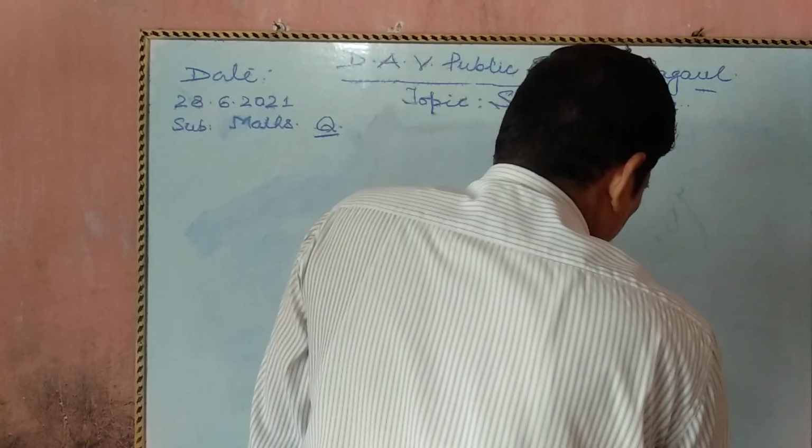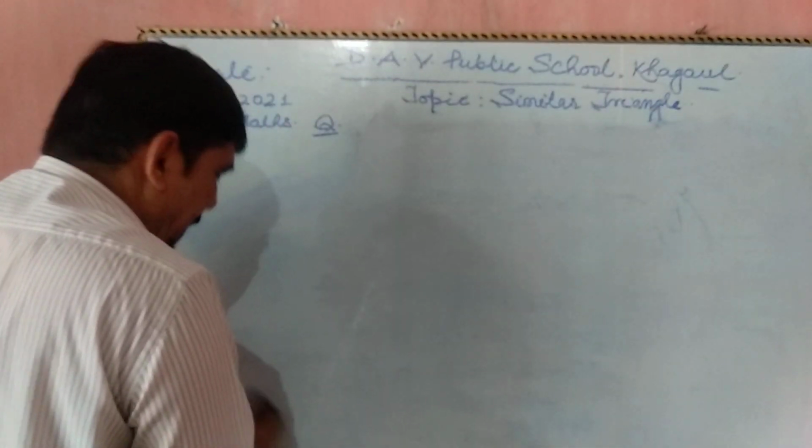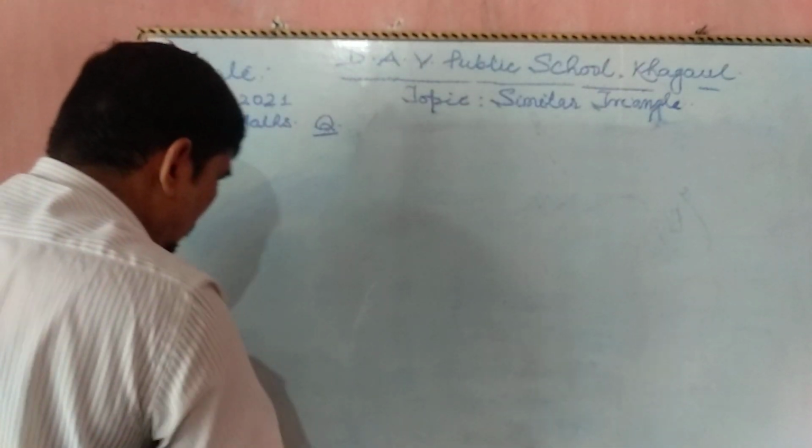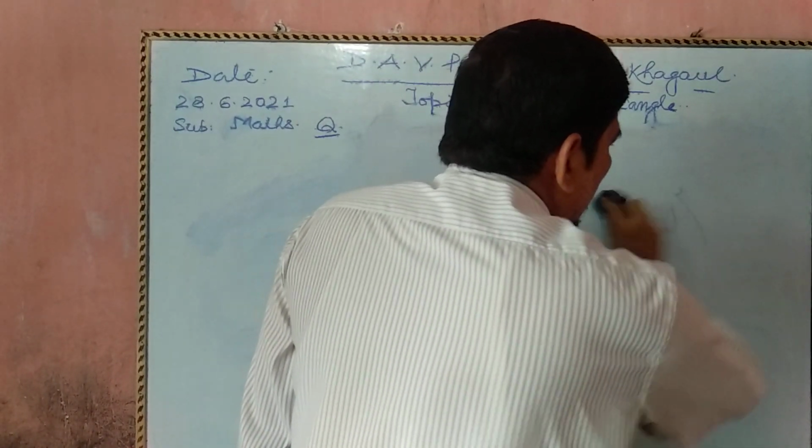Now we have to show whether the line is parallel or not to any side of a triangle.